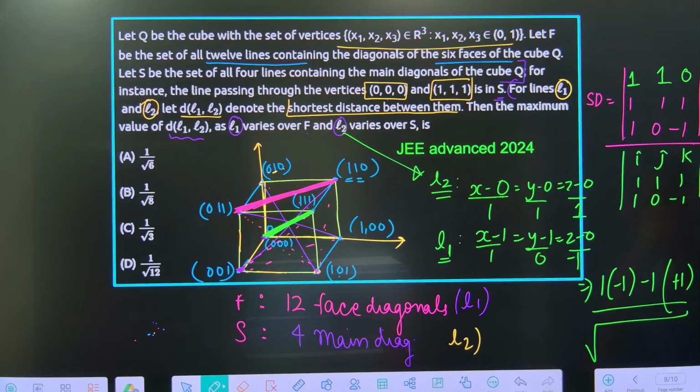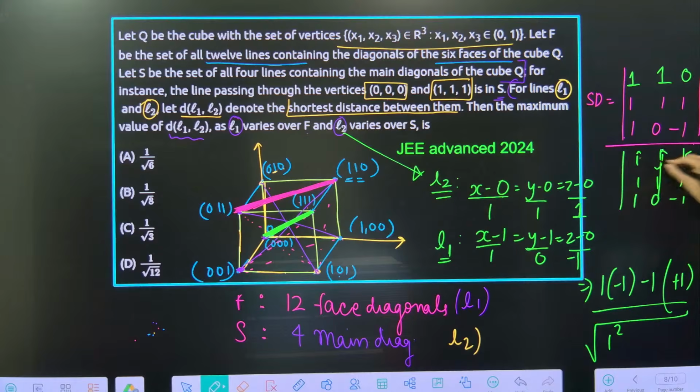Now, what you are going to get over here is the cross product. So, this is 1 square, correct. Then we have 1 square, hold on.